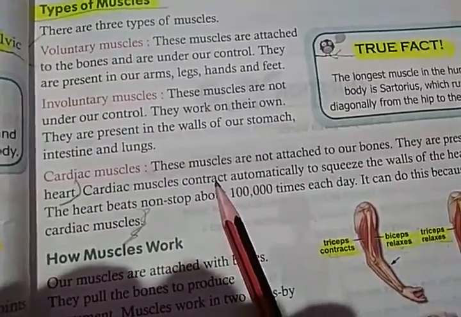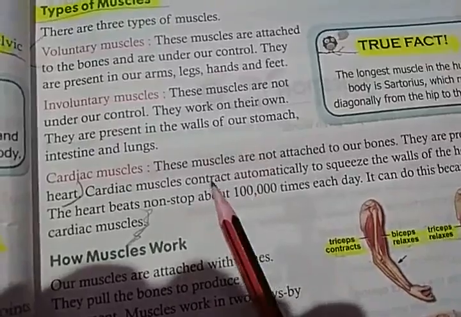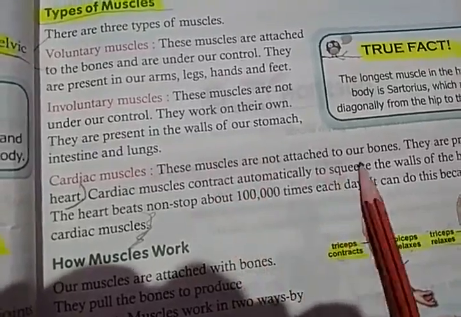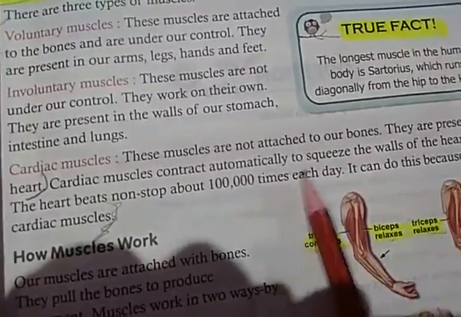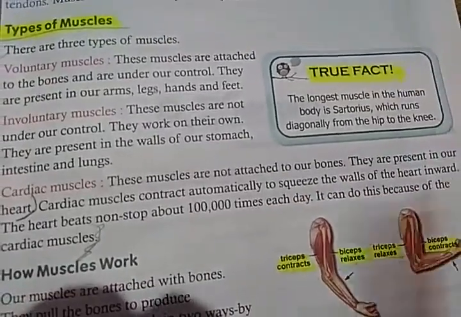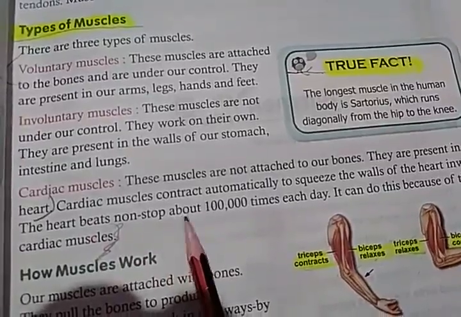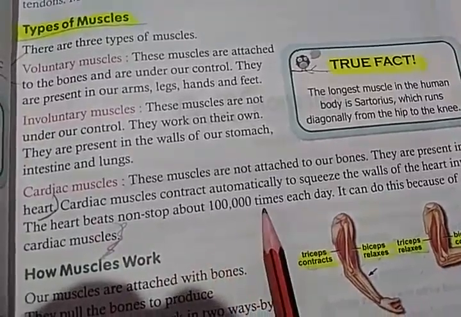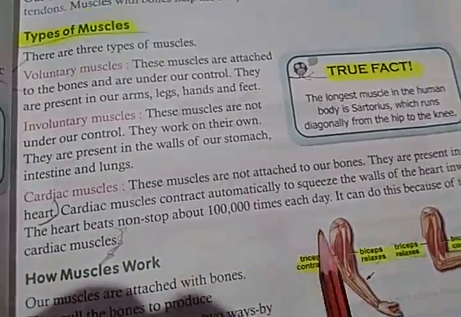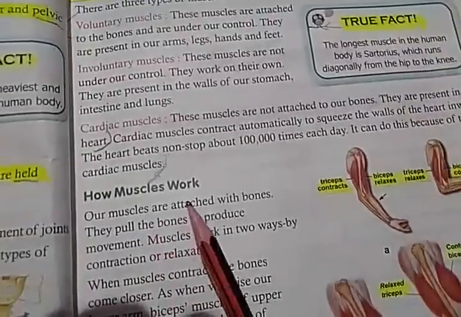So these are also an example of involuntary muscles because we cannot control these muscles. They contract automatically to squeeze the walls of the heart inward. The heart beats non-stop about 1 lakh times because of these cardiac muscles.